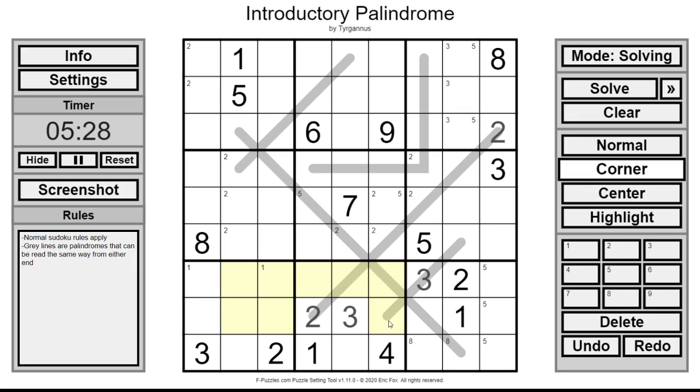Alright, how messy is this? 8 here is possible, because that 8 is possible. 8 here is 3 across, so that's possible. Ah, but 8 here isn't possible, because that can't be an 8.